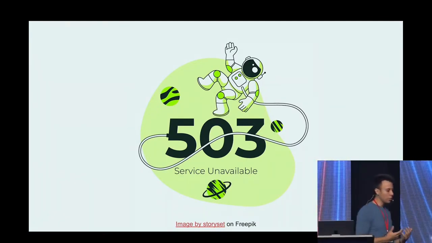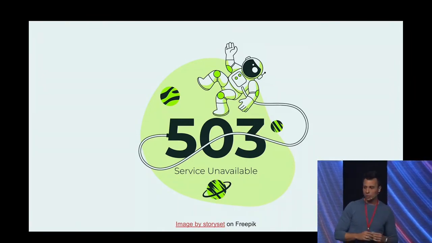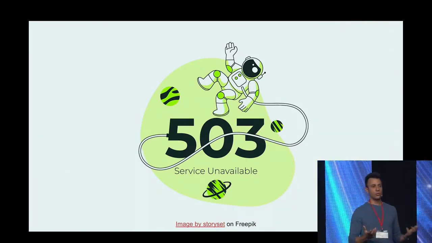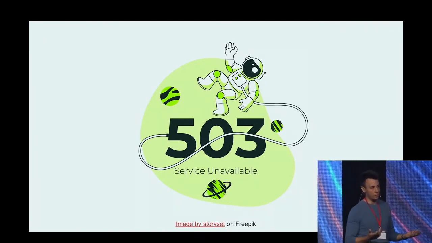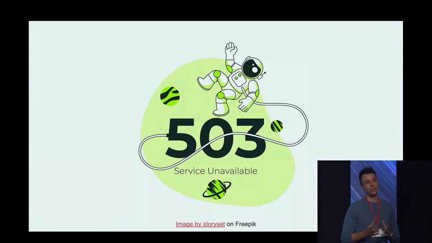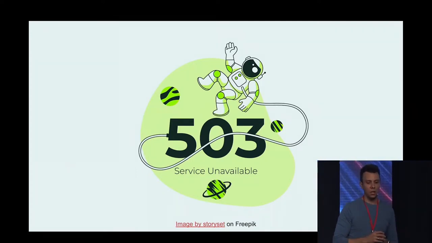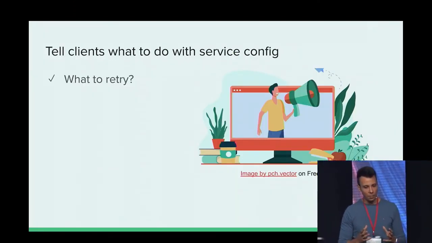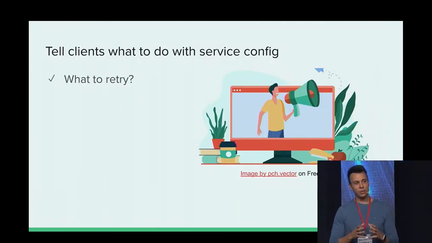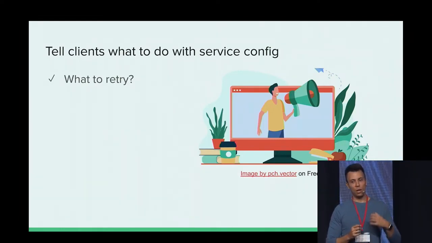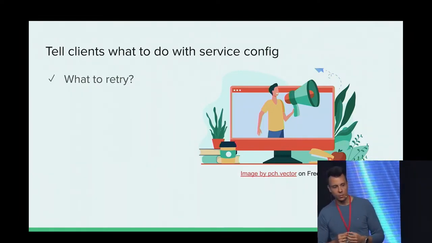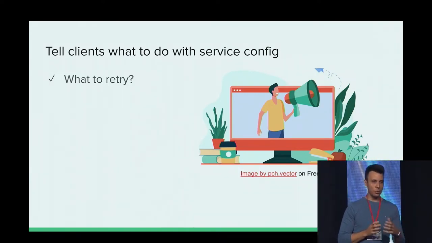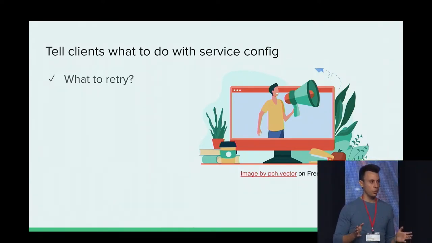So essentially, we need a way to tell our clients what to do when they see errors. And in gRPC, there is a mechanism which is quite robust. It's called service config. So basically, as a service owner, I can describe how clients should treat my errors. And what is more awesome is that this is implemented on the gRPC client across languages.